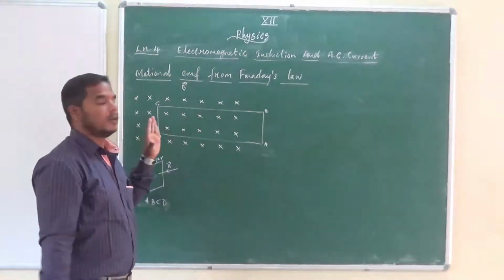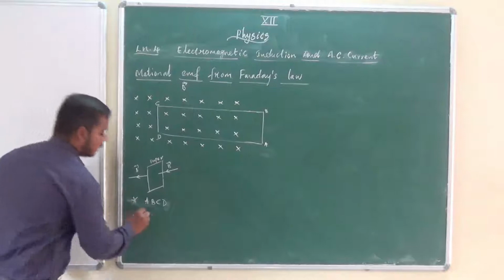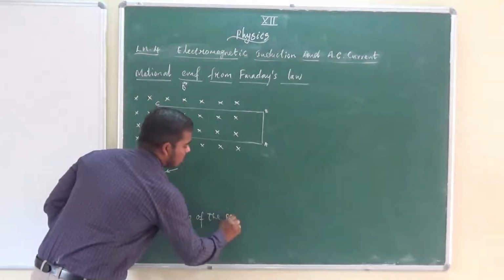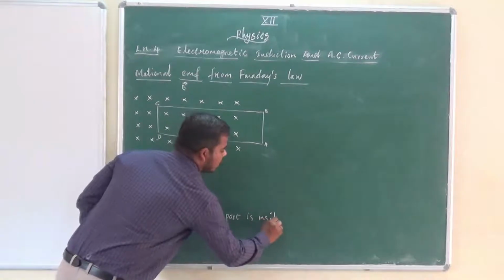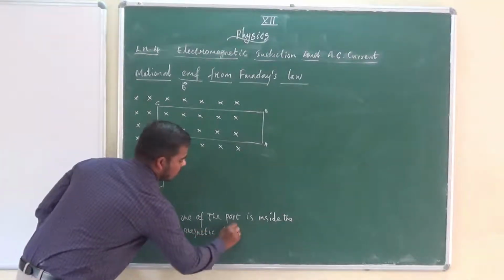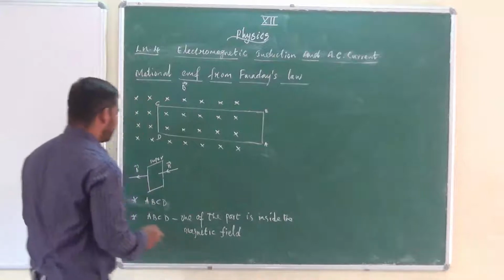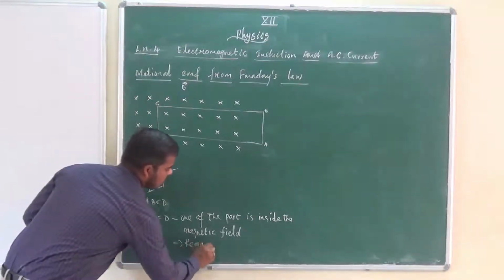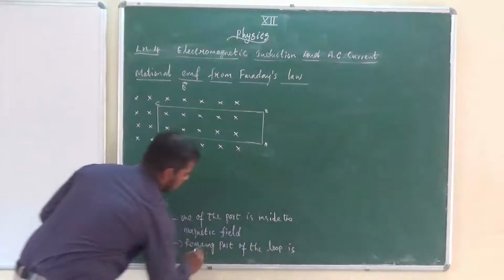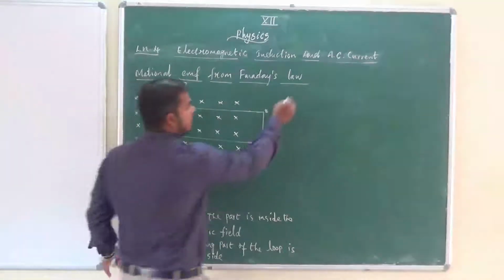One part of the loop is inside the magnetic field, and the remaining part of the loop is outside the magnetic field.